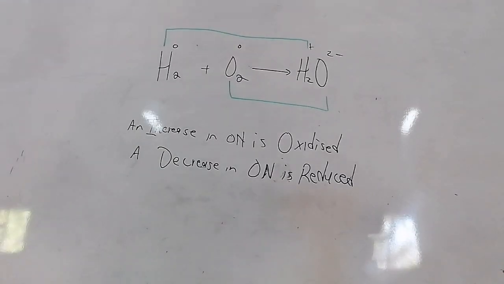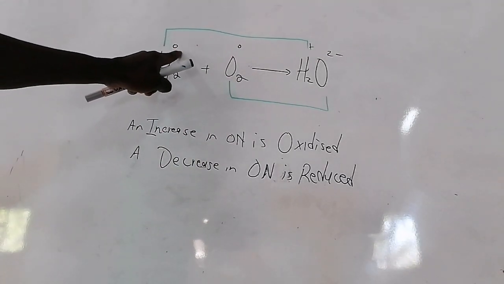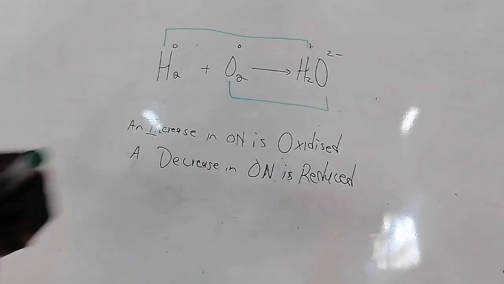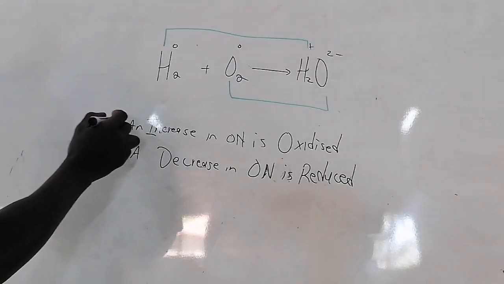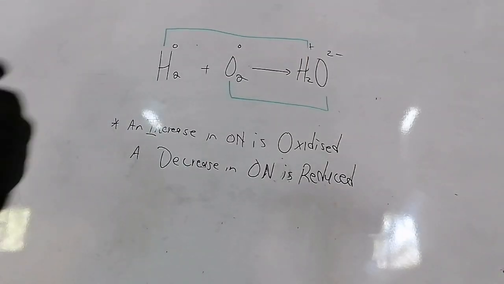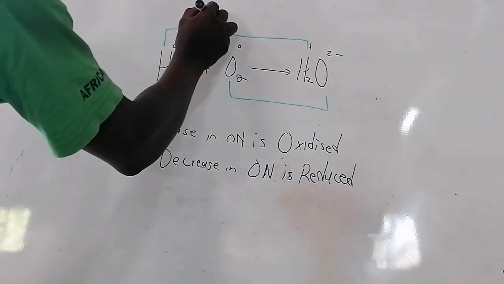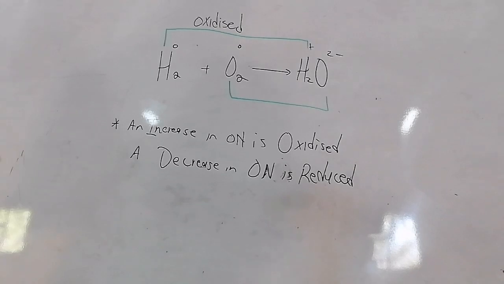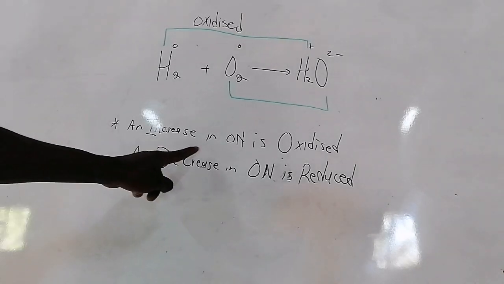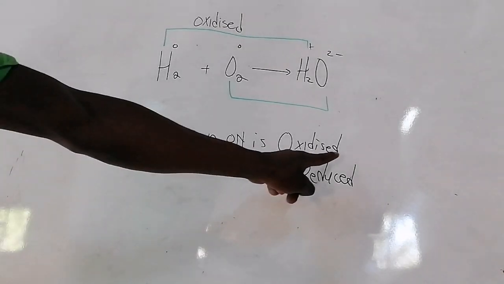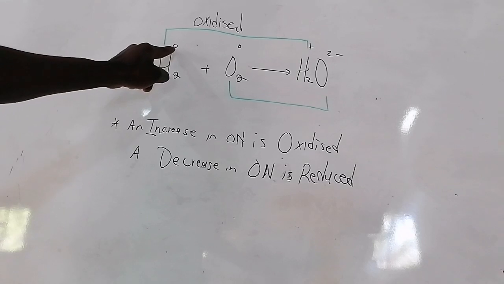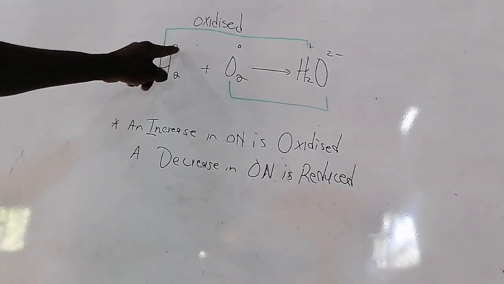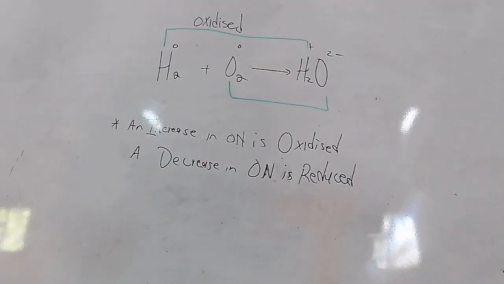So since we can see that here the oxidation number increased from 0 to 1, we write oxidized here. Right? Why? Because an increase in oxidation number is oxidized, since the oxidation number increased from 0 to positive 1, right?